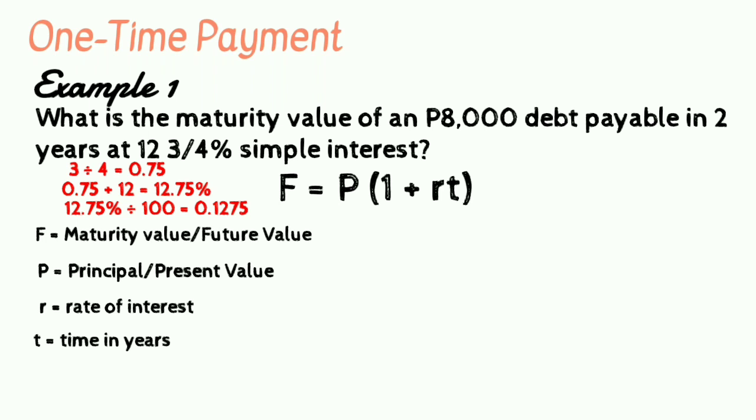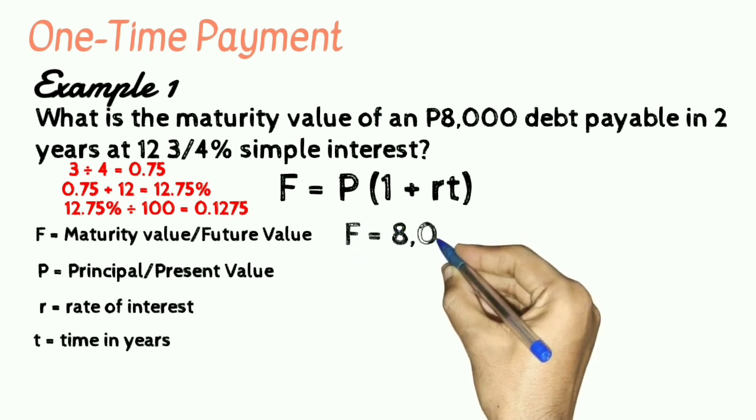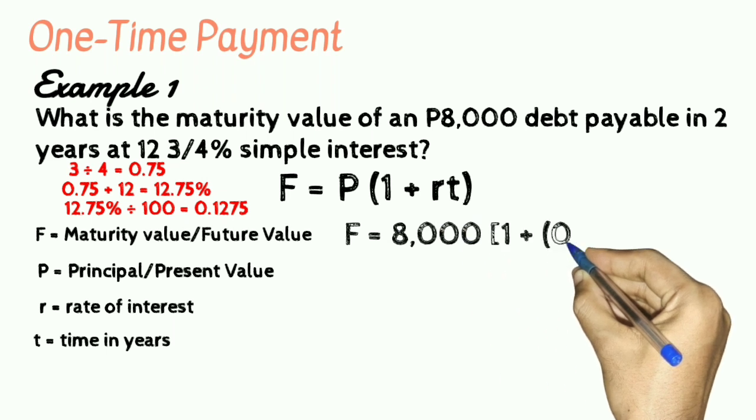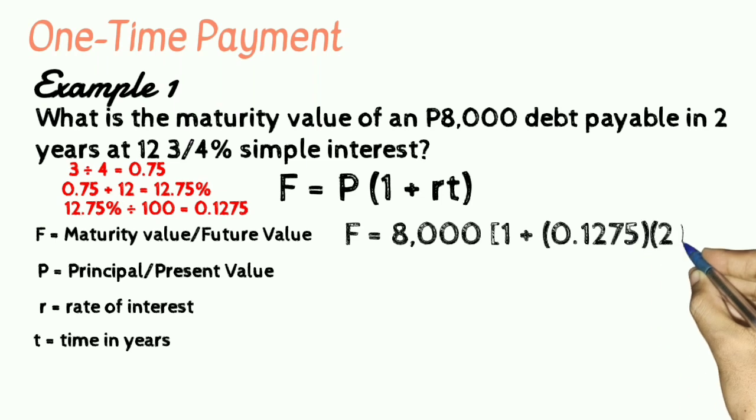Let's just substitute. F is equal to P times the quantity 1 plus RT. So, F is equal to 8,000 times the quantity 1 plus 0.1275 times 2.